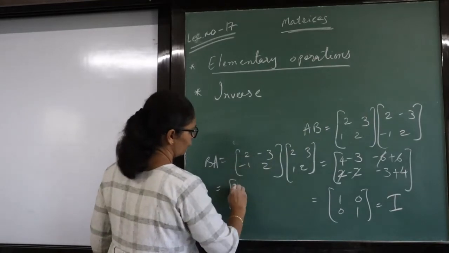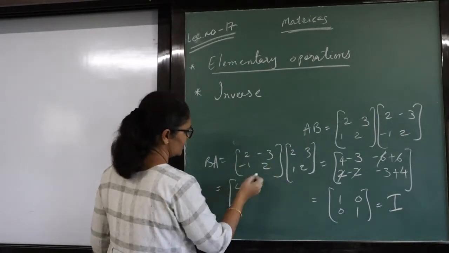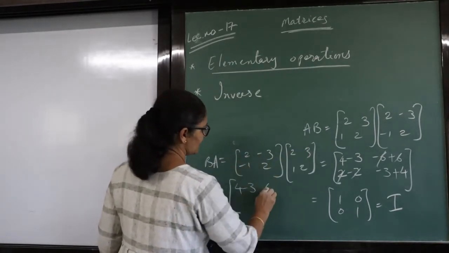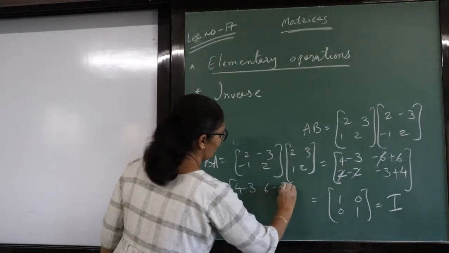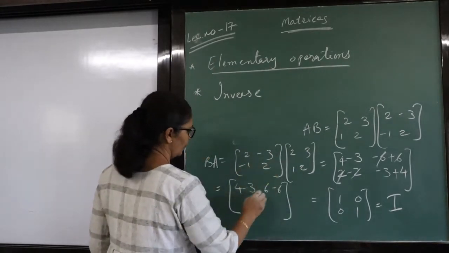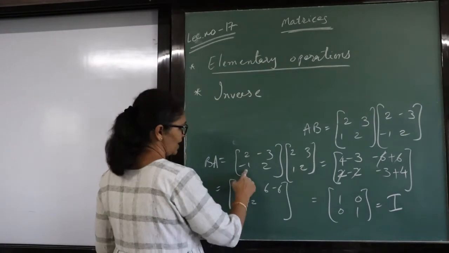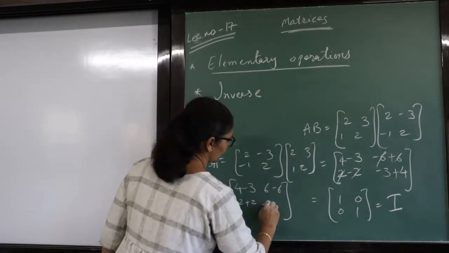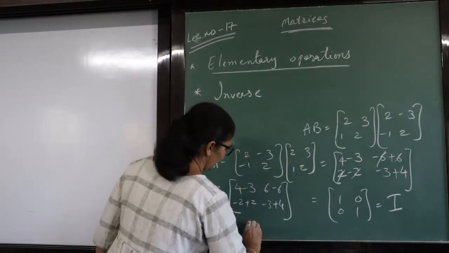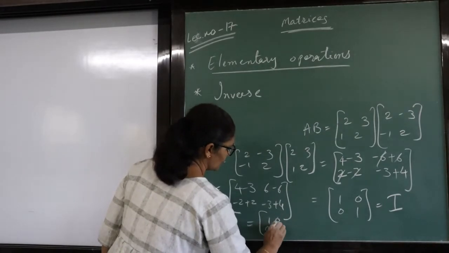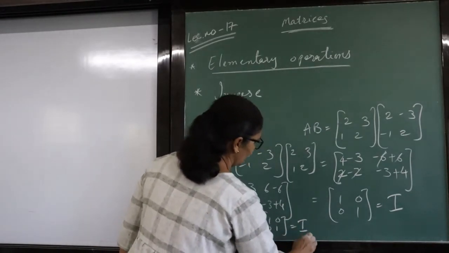Let's check it. 2 twos are 4 and minus 3. Similarly 2 threes are 6 and minus 2 threes are minus 6. Minus 2 plus 2, and last minus 3 plus 4. What is the meaning of it? Here you are getting 1 0 0 1. So again the identity matrix.